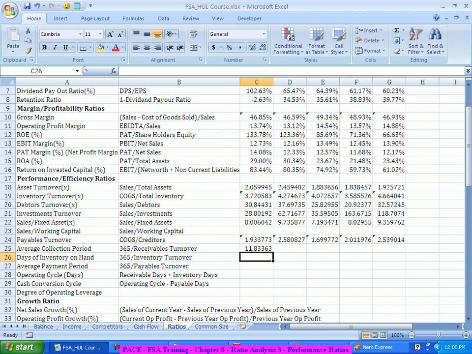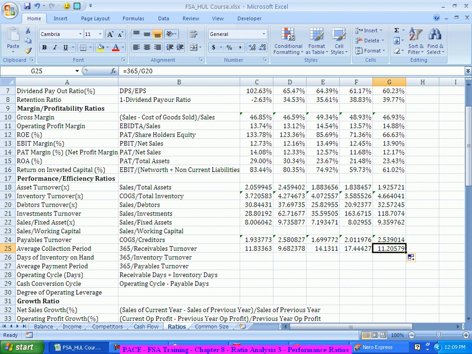Some customers I may have done credit sales. From them it is probably taking 30 days. On an average it is taking around 11 days to collect the cash from my customers. Even now it is around 11.2 days. So within 11.2 days, cash is coming from my customers.